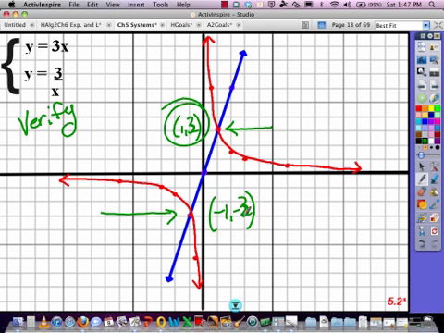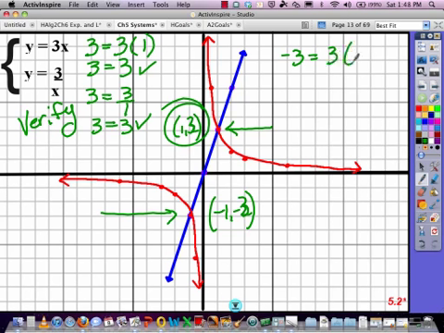Put our 3 in for y and our 1 in for x, and we get 3 equals 3. It made it a true statement. Put that same ordered pair in here. 3 equals, in this case it's 3 divided by 1, and that's 3 equals 3. So they both checked. Now do the second point, which is -1, -3, and you have to be able to get the same thing.